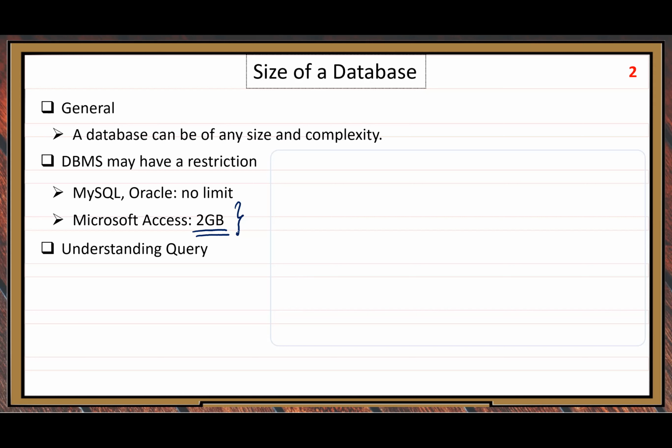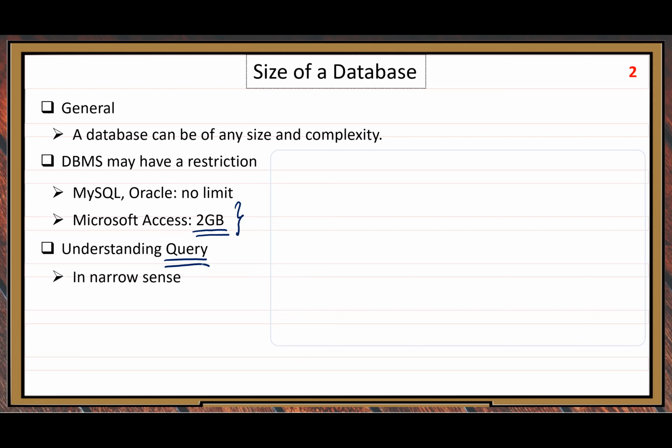Understanding query. We frequently use the query. This is a very common word we need to use in our database class. But what's the exact meaning of query? Typically, there are two different meanings.